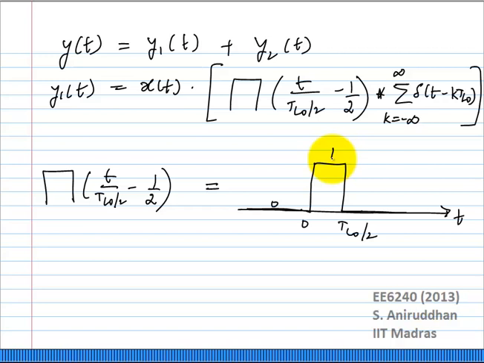To do that, we'll remember a few identities. An impulse train in the time domain is also an impulse train in the frequency domain.